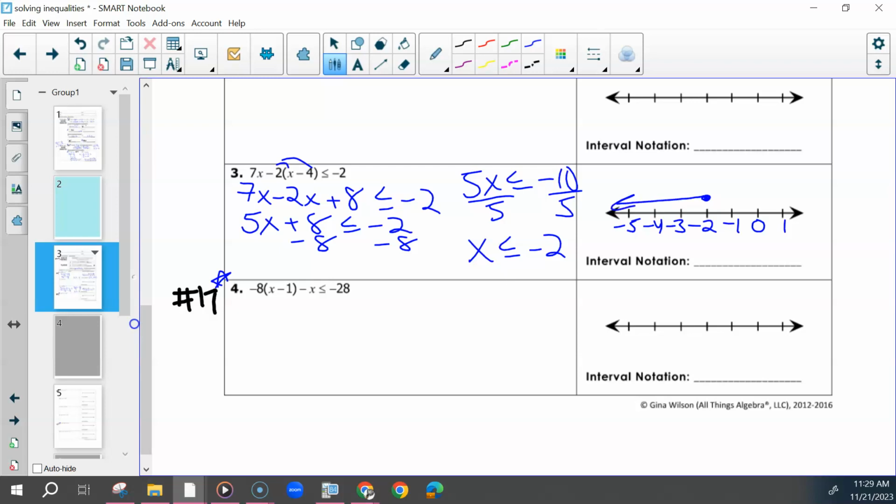Right, so now if we're doing our interval notation, where would this one start? That's where it ends, but left to right, where would it start? If this thing's going to negative infinity, that's going to be negative infinity in parentheses. It stops at negative 2, but this is a closed circle, so you're going to do a square bracket.